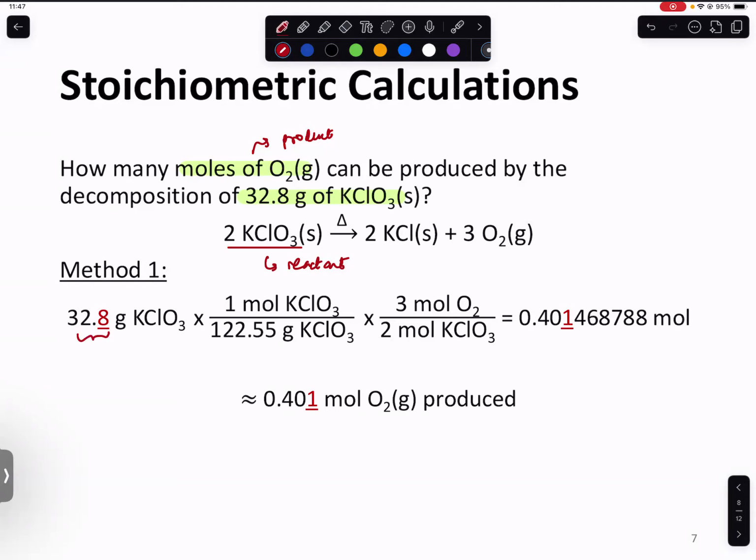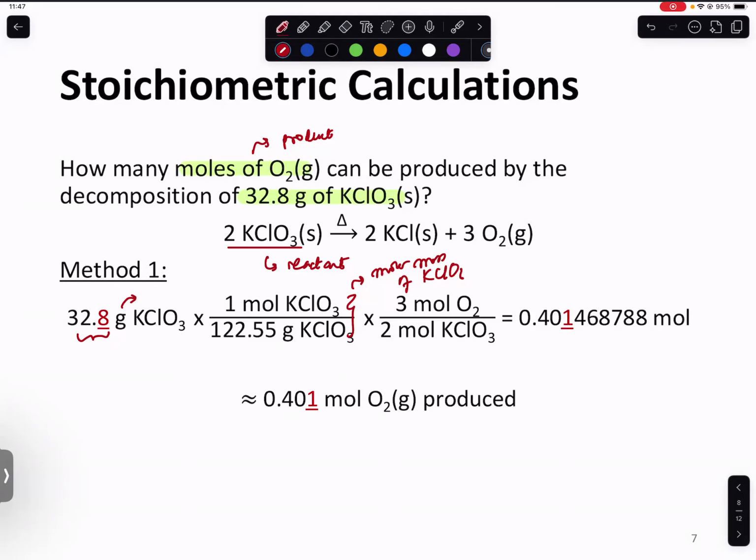The second step is I want to now convert the mass of the potassium chlorate to moles, and this will be using the molar mass. So this is the molar mass of potassium chlorate. And so in every mole of KClO3, I have 122.55 grams of KClO3.